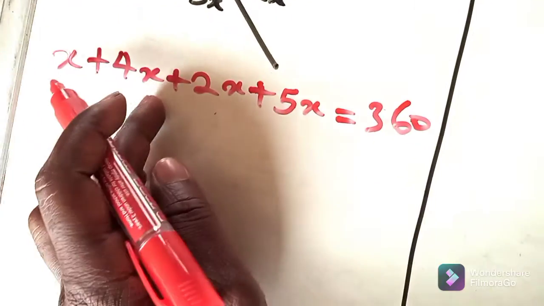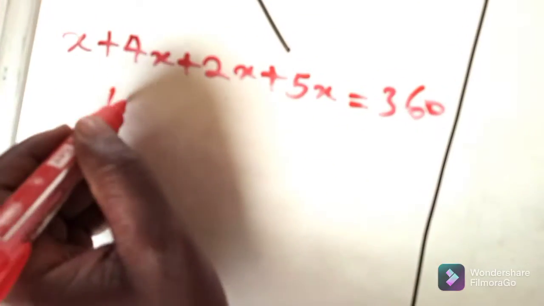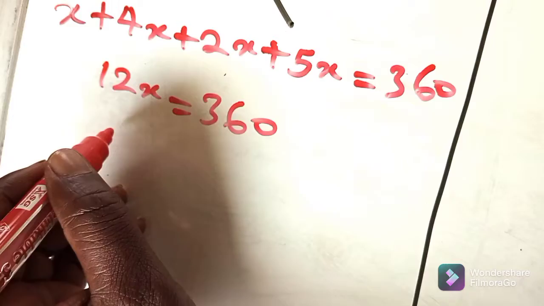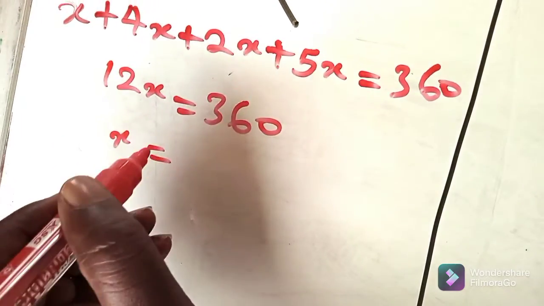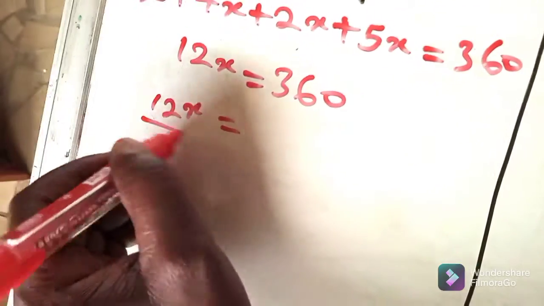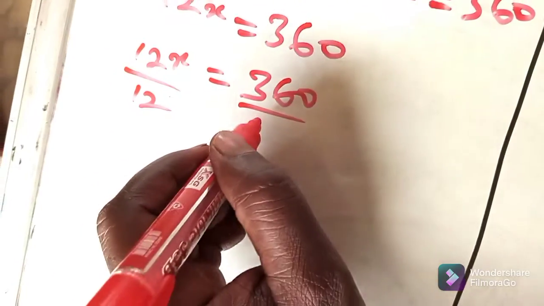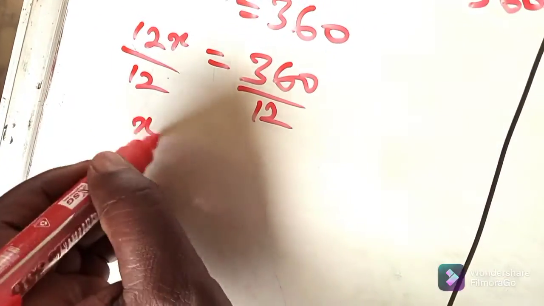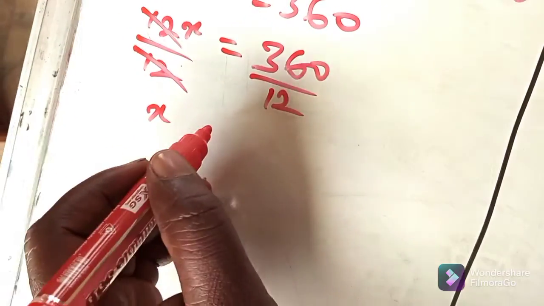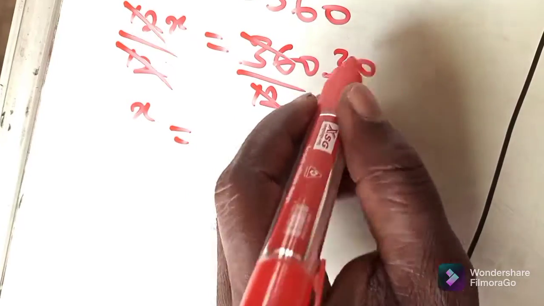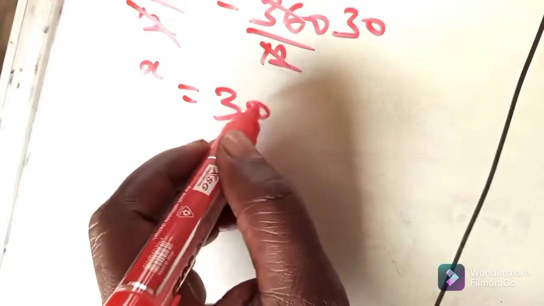Now, if you add everything together, you are going to have 12x equal to 360. Then x will be equal to, dividing both sides by 12, x equal to 30. So we have x equal to 30 degrees.